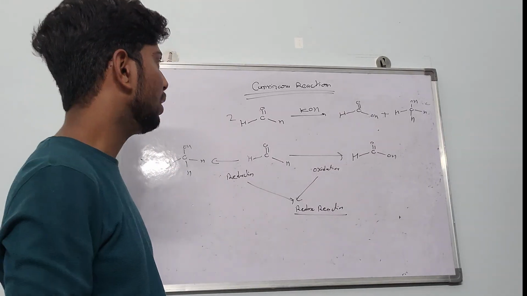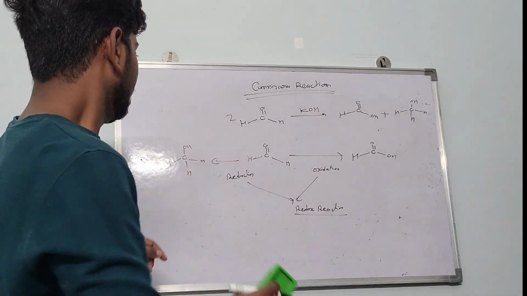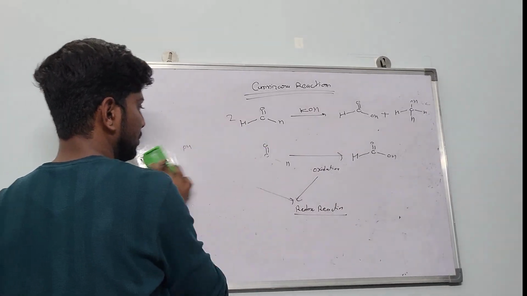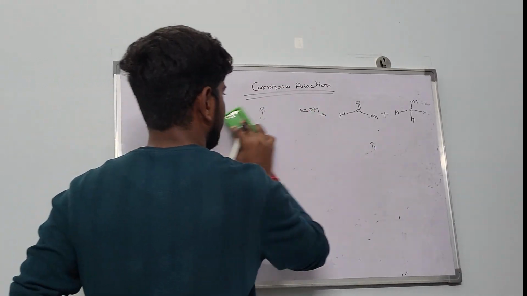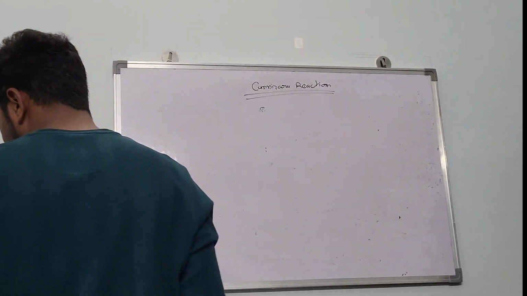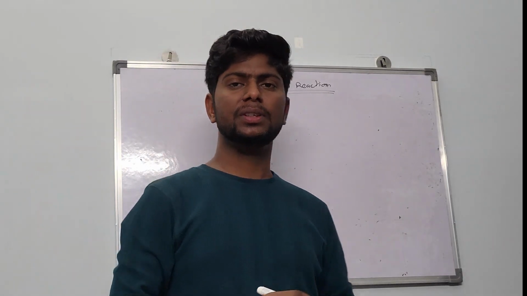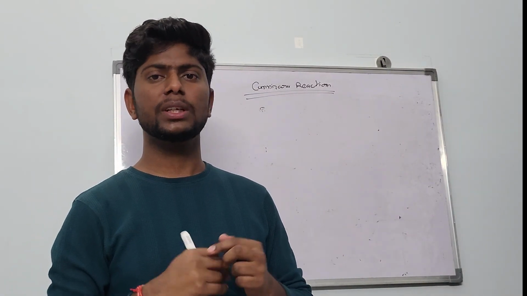Now we move on to the mechanism. The mechanism of this reaction happens in three steps. In the first step, we use the nucleophile, KOH, a strong base.